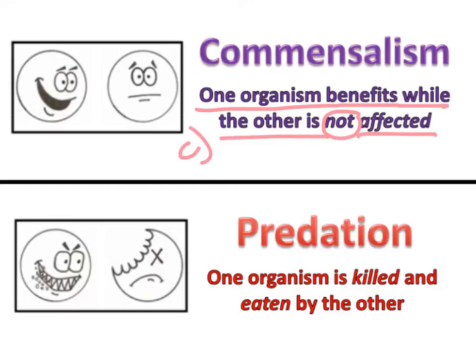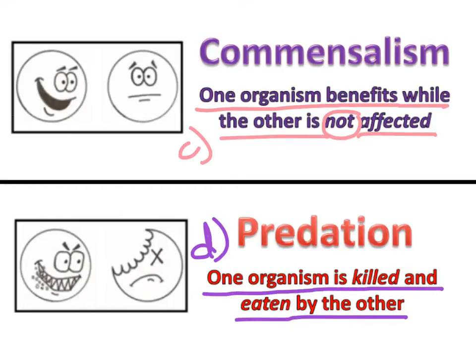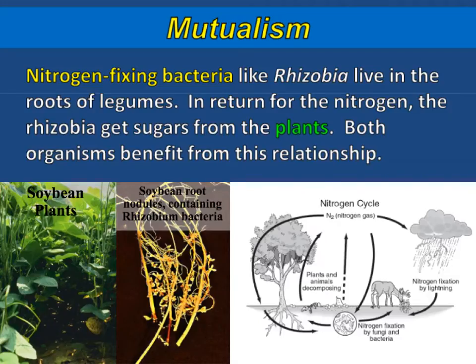On letter D, please write that answer down. One organism is killed and eaten by the other. Letter D as in dog. It is very important that you understand the different types of symbiotic relationships that are found in the ecosystem.